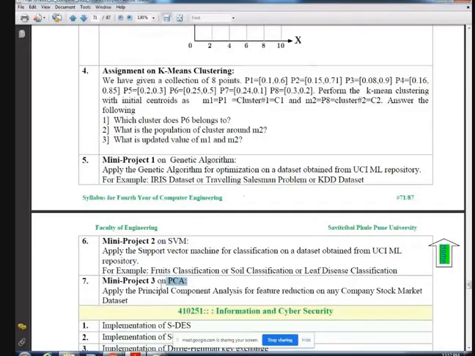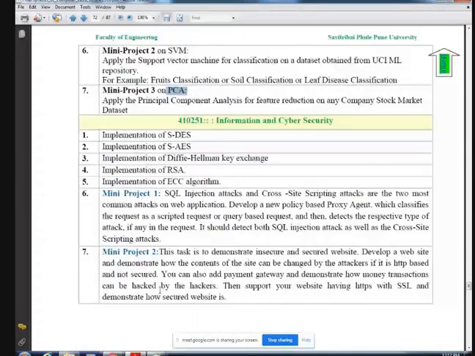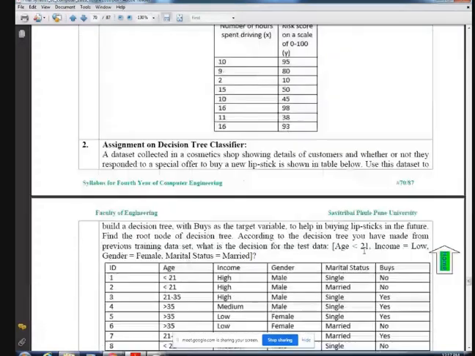Third is principal component analysis. Similarly, in cyber security, mini project 1 is SQL injection. For mini project 2, we need to develop a website and then demonstrate an insecure and a secured website. So what we want you all to do is form groups.